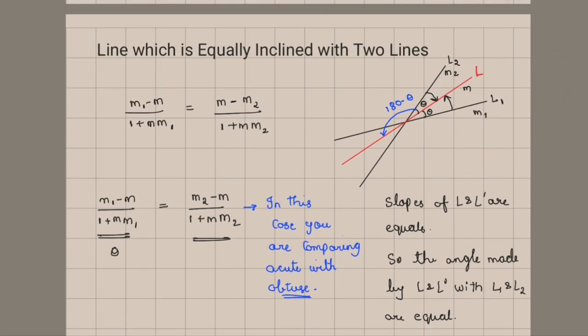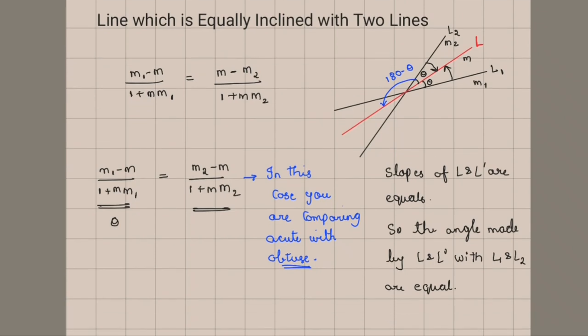While you are finding the angle between two lines, you have to subtract the slopes in an order, or else you will end up solving the wrong problem. If you solve even this, you should get an invalid case, because that is conceptually wrong. You are comparing an acute with an obtuse, which should give no solution of m.